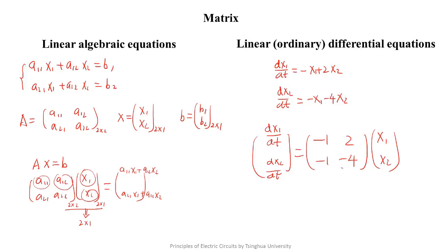Minus 1 times x1 plus minus 4 times x2 equals the second element. So you can see that the matrix can be used to represent a linear algebraic equation set or a linear differential equation set standardly. This is the principle of the matrix.